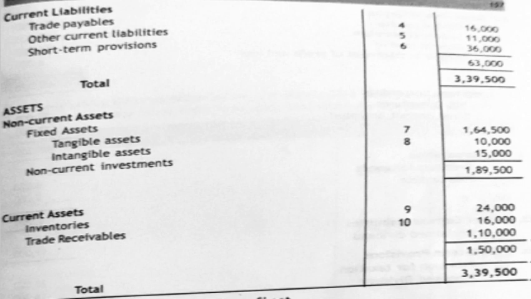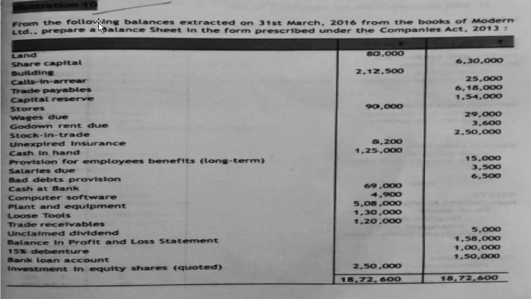So the next problem we're going to discuss is Illustration 10. From the following balance sheet extracted on 31st March 2016 from the books of Modern Limited, prepare a balance sheet in the form prescribed under the Companies Act 2013. So now we have land, share capital, building, calls in arrears, trade payables, capital reserve, stores, wages due, godown rent due, stock in trade, unexpired insurance, cash in hand, provision for employee benefits, which they have stated is a long-term provision.